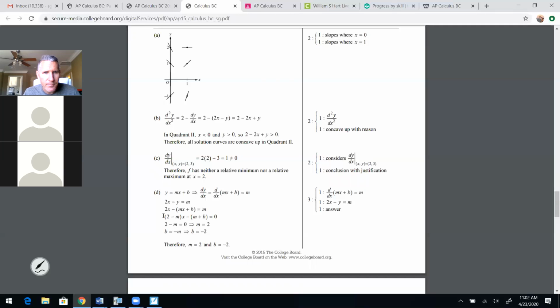If the 2 minus m was 0, that's going to get rid of this, so we can only talk about m and b in terms of the constants. But like I said, let me look at that, then I'll have that ready for you. In fact, I'll at least upload that by tomorrow, so we can talk about that.